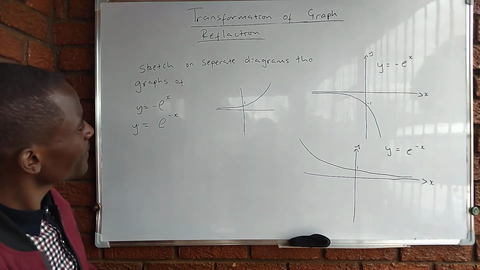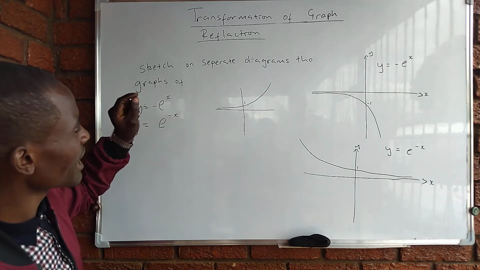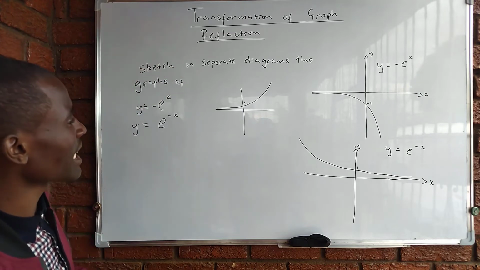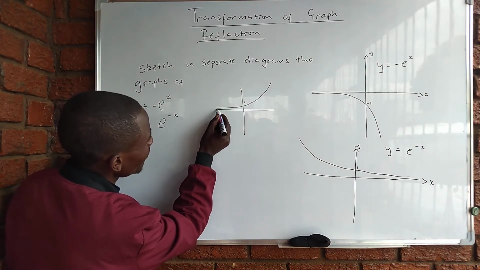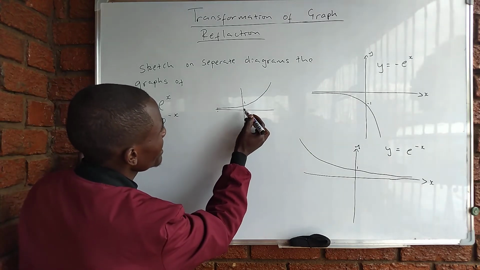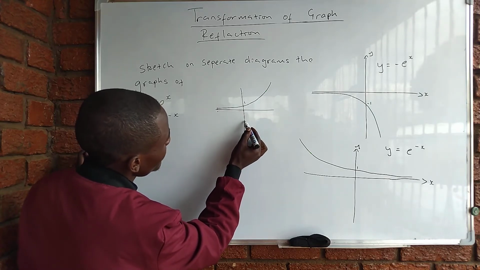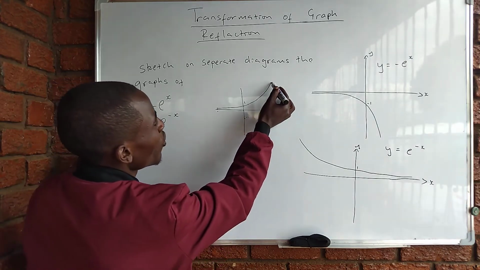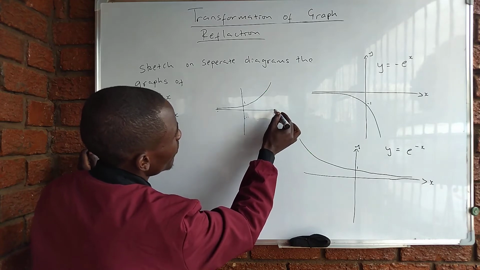The distance between the image and the mirror line must equal the distance from the original to the mirror line, so the distance from the original to the mirror line equals the distance from the mirror line to the image. Here we have minus 1, and the distance here must equal the distance from here to the mirror line.